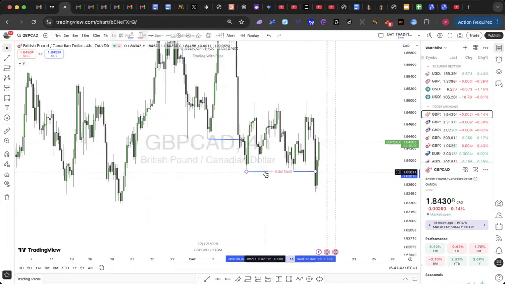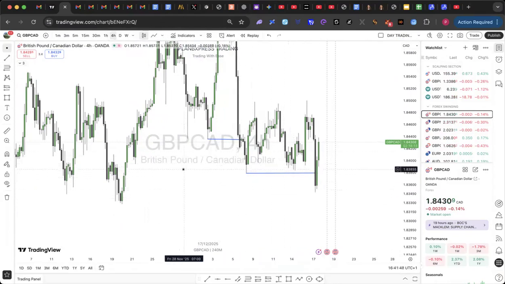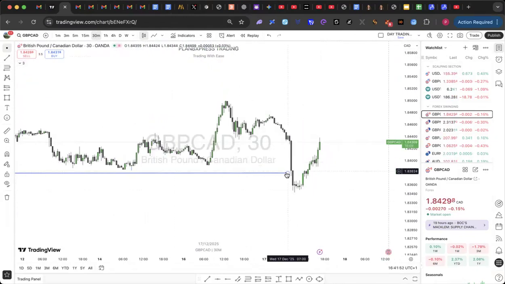So all of these points are like equal lows here and all of that. So you expect the market to actually travel down there and sweep the liquidity. If I go to 30 minutes or 15 minutes, you're going to find the same thing.